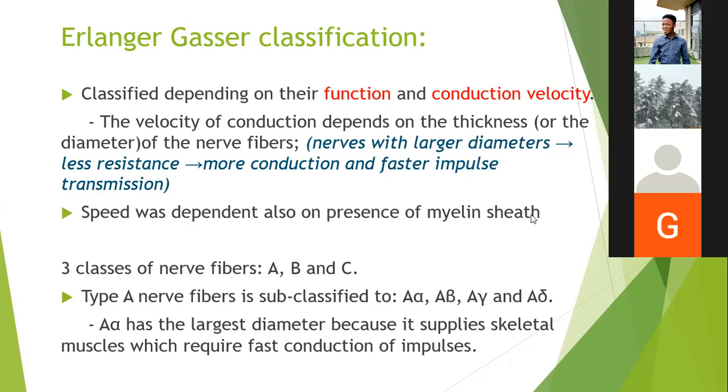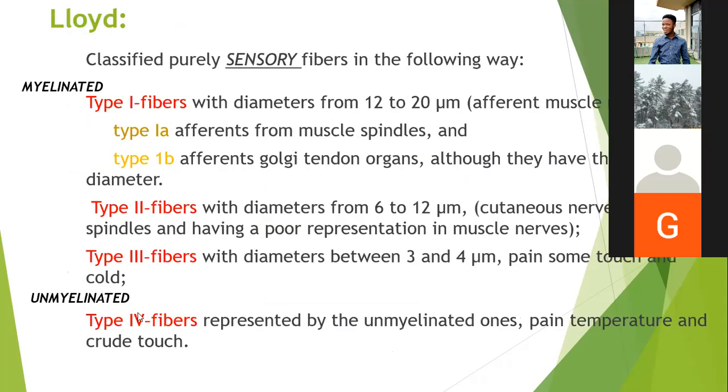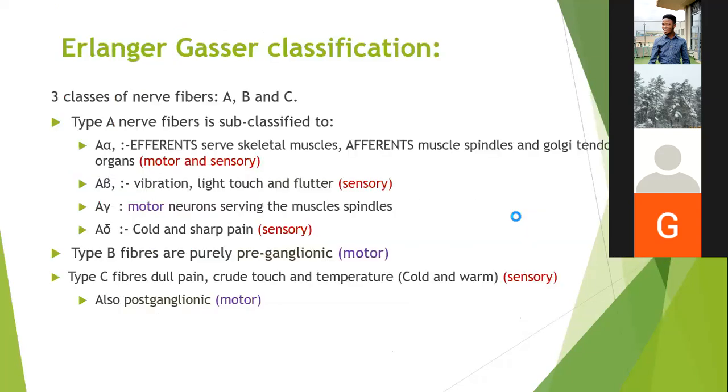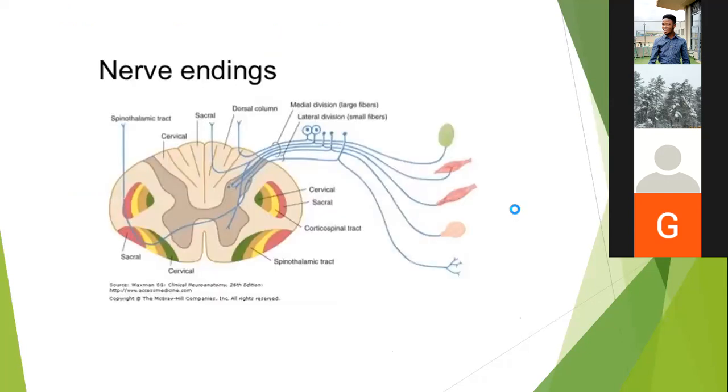The Lloyd's classification has 5 types, is it 5 or 4? We have type 1, type 2, type 3, type 4, and type 5. So, let me just correct, type 4 fibers, sorry. They go up to type 4, not type 5. So, we'll see that. So, let us look at the Langerhans first.